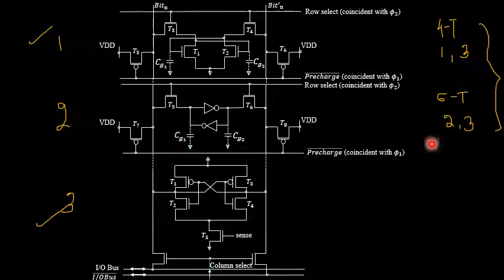This is called 6 transistor type of static memory cell, because here we have 2 NMOS transistors, that is T5 and T6, and 2 back-to-back connected inverters you can see. One inverter comprises 2 transistors if you replace it in the form of MOSFET. So 2 transistors plus 2 transistors for the inverters, 4 plus 2 transistors over here. So it is called 6 transistor type of static memory cell.